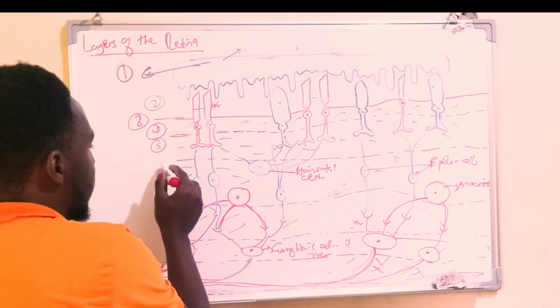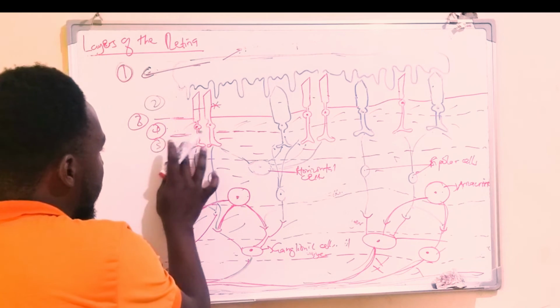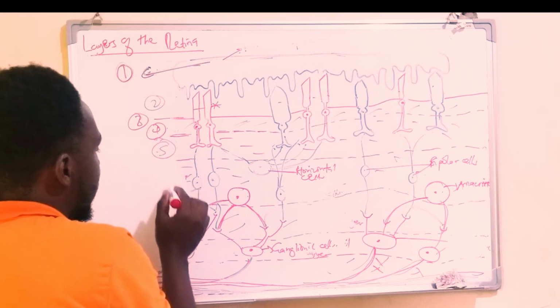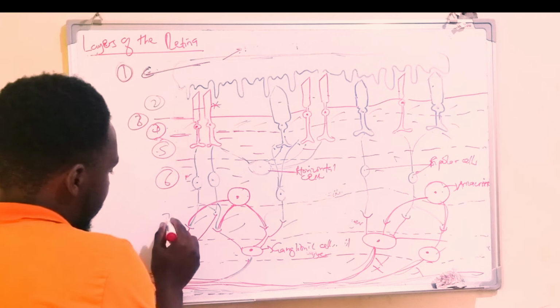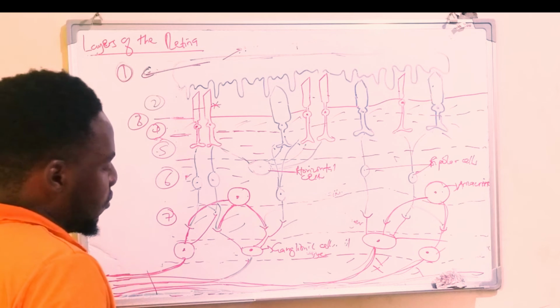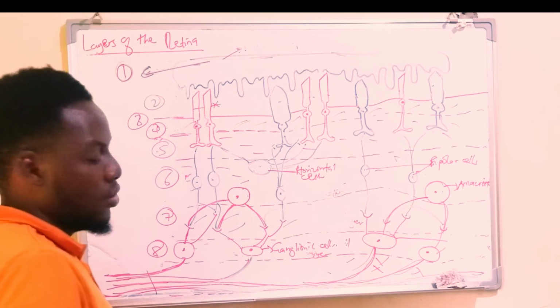Then we talked about the sixth here, the inner nuclear layer. Then the seventh here, the inner plexiform layer. The eighth one here, the ganglionic cell layer.